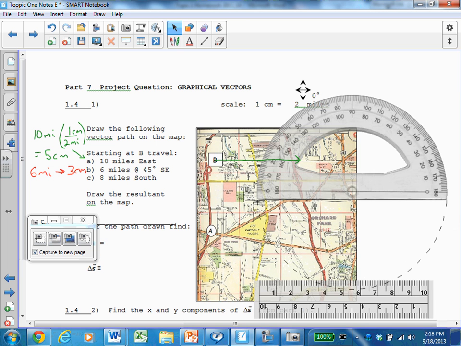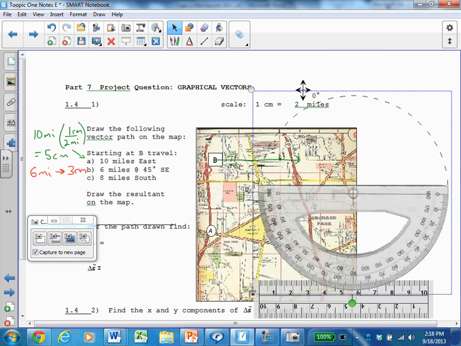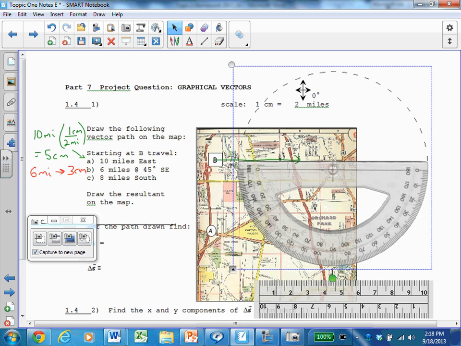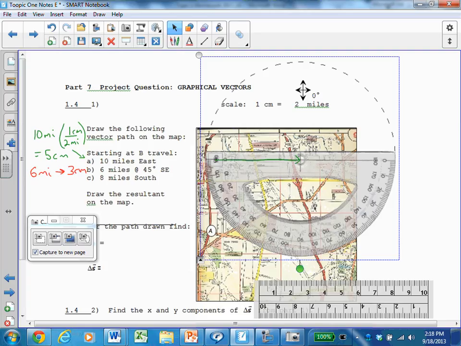I'm going to flip my protractor around. Now, I take the crosshairs. I keep saying this because people don't know how to use protractors. I'm going to put the crosshairs on the tip of the arrow. Now, which way is southeast? Towards Alabama, right?